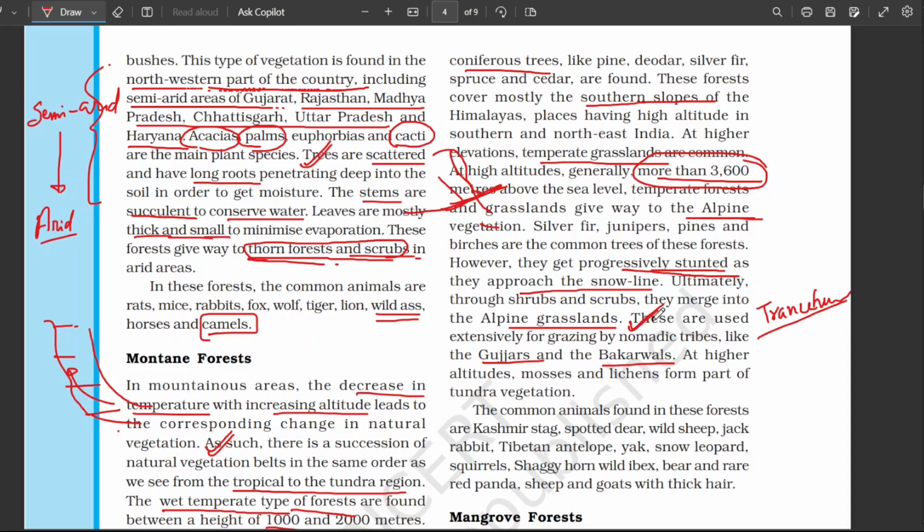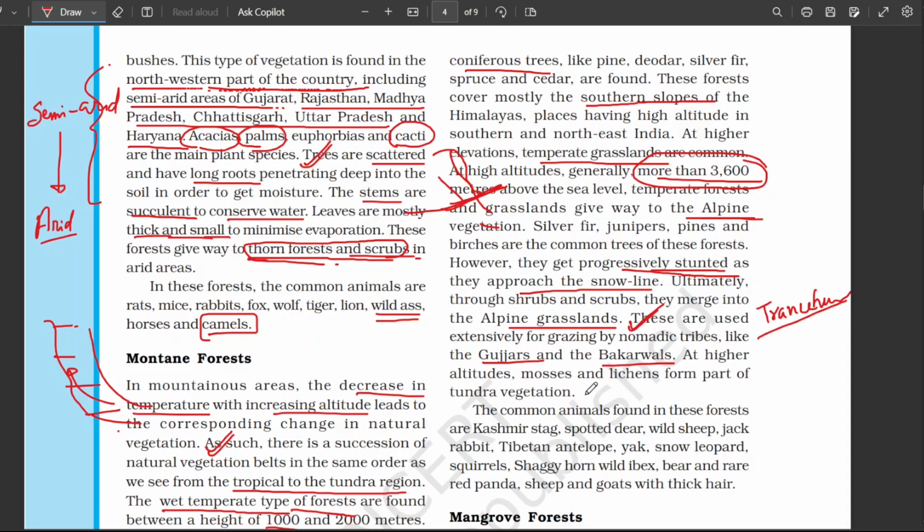It's not feasible to go there. But in summers, जब snow line recede करेगी and the grassland is available, then these nomadic tribes they take their herds of sheep etc. and they go to these places and use these grasslands for grazing purposes.